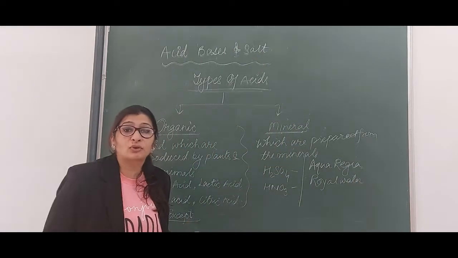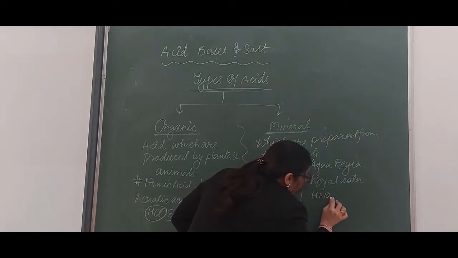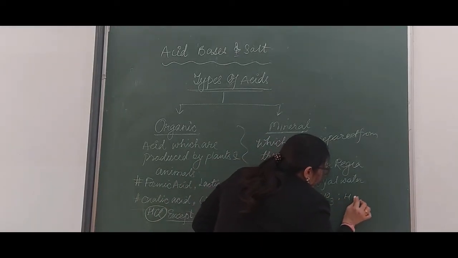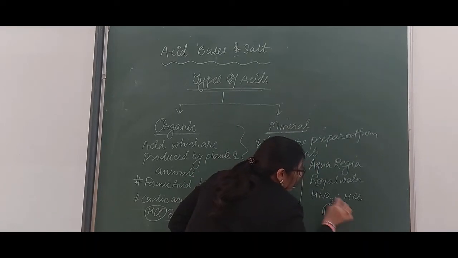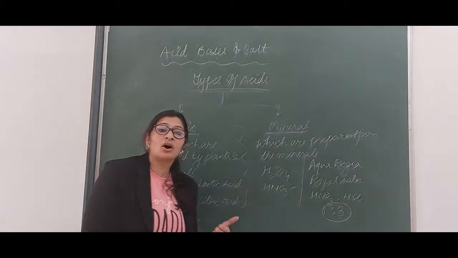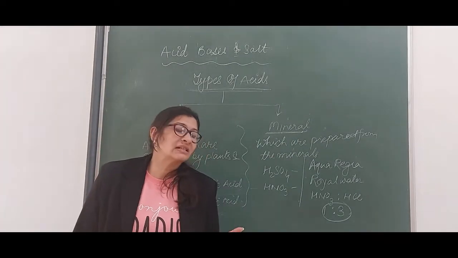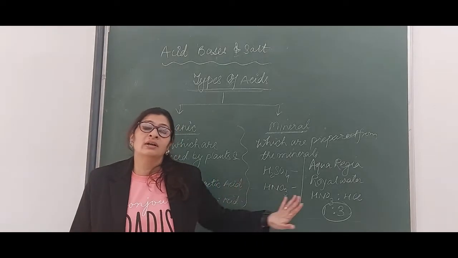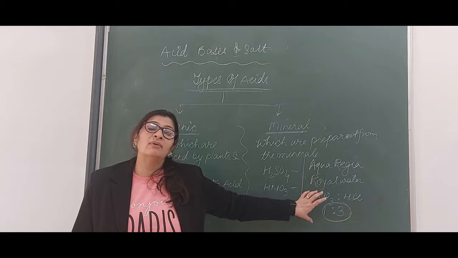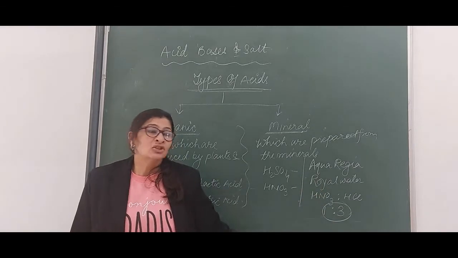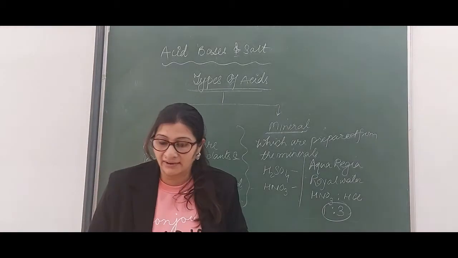It's a mixture of two acids: concentrated HNO3 and HCl. 1:3 की रेशियो में ये मिक्सचर बनता है, and this is a very strong acid which is used to melt gold. Jewelers used to clean their gold through this royal water or aqua regia. So these are the basic two main types of acids we have.